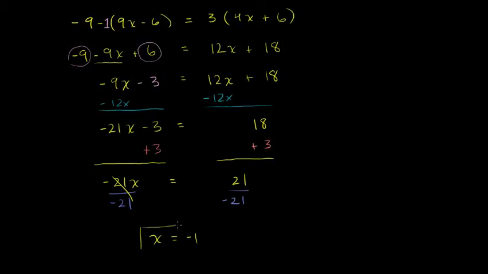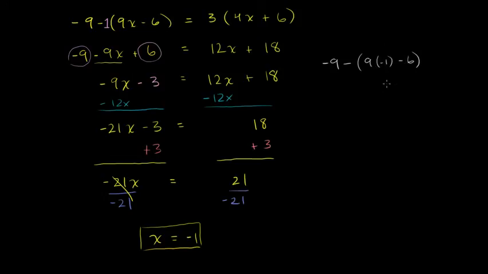Now let's verify that this actually works for that original equation. So let's substitute negative 1 into that original equation. I'll do it in a different color than we've been using. We have negative 9 minus, that 1 wasn't there originally, it's there implicitly, minus 9 times negative 1 minus 6.